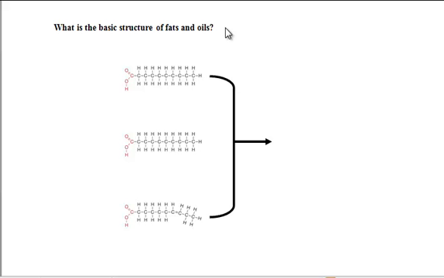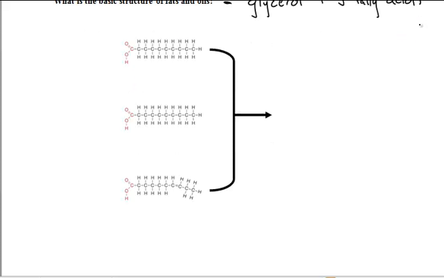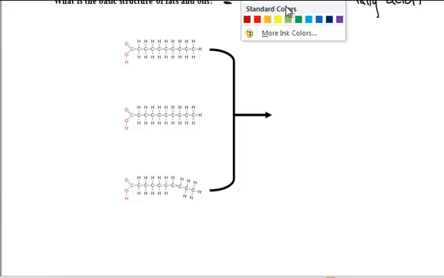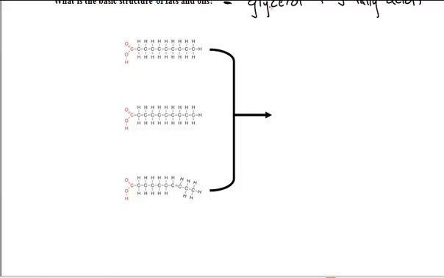The structure of fats and oils have in common that they are made up of a glycerol backbone plus what's called 3 fatty acid chains. So I'm going to show you the structure of a glycerol backbone, and this is all one molecule.